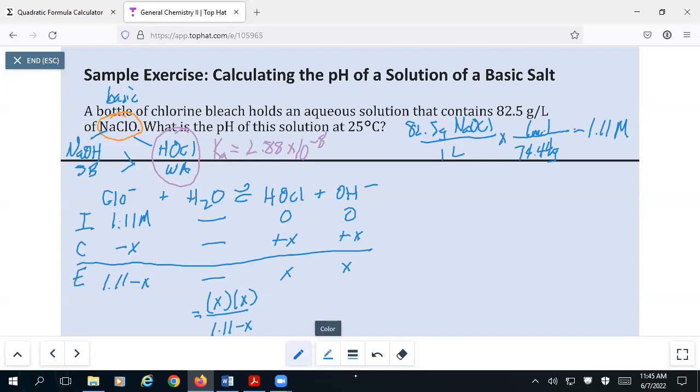Remember the relationship between Ka and Kb and Kw: Ka times Kb equals Kw. So my Kb value is equal to Kw over Ka. Kw is 1 times 10 to the negative 14th. Ka, we just found, 2.88 times 10 to the negative 8th.